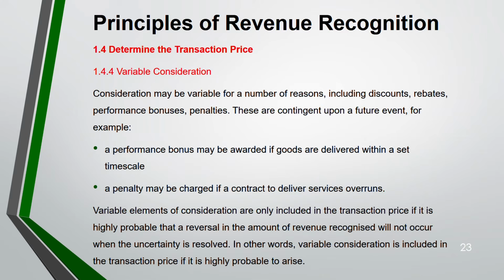That means because of uncertainty now, once the uncertainty is resolved, the revenue that you have recognized will not be reversed. If there's high probability of that happening, then the variable element you will add to your consideration. You understand? So high probability means variable consideration will be included in the transaction price.